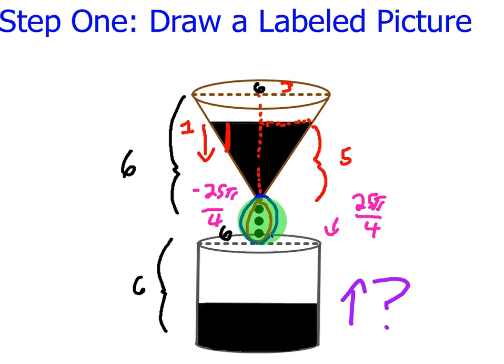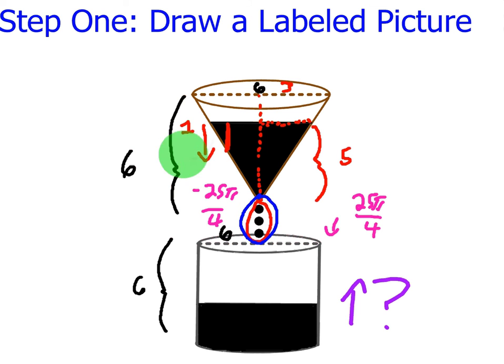The filter is losing volume, so that's a negative rate, and it's going to be increasing at the same rate in the pot, assuming, of course, it's not evaporating away. So it's the same coming out as it is going into the pot. Ultimately, what we have to do is figure out the rate at which the coffee is dripping out of the filter.